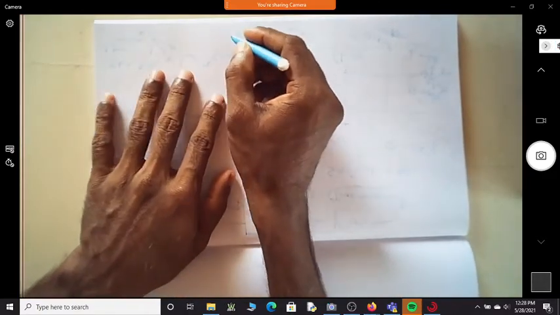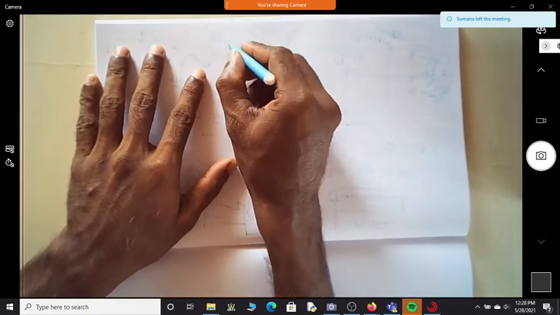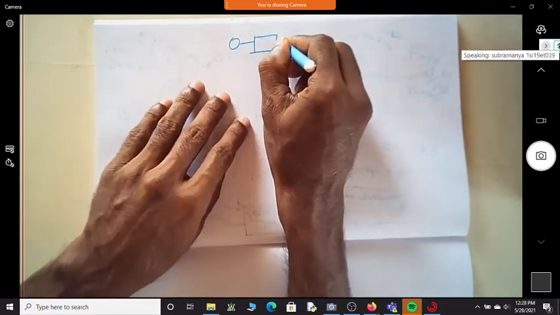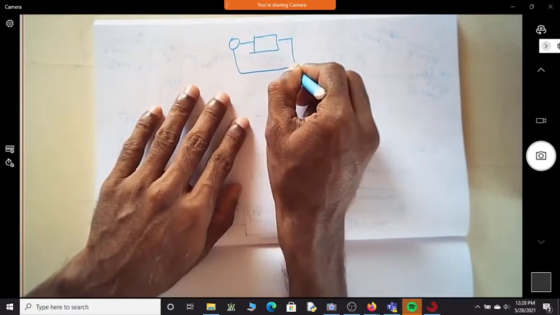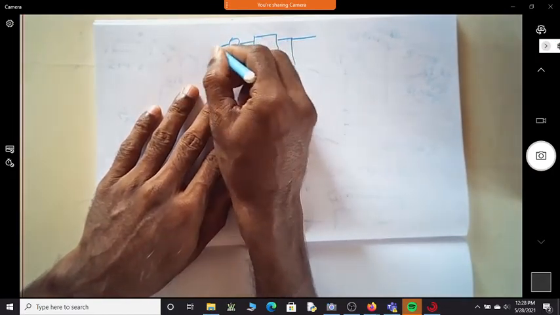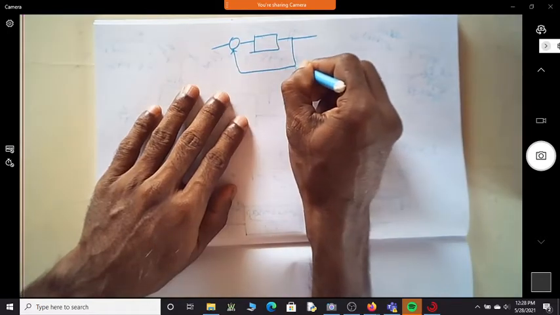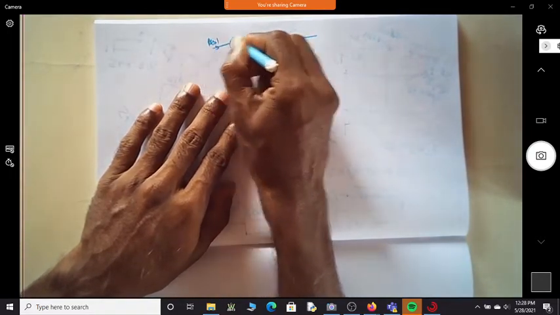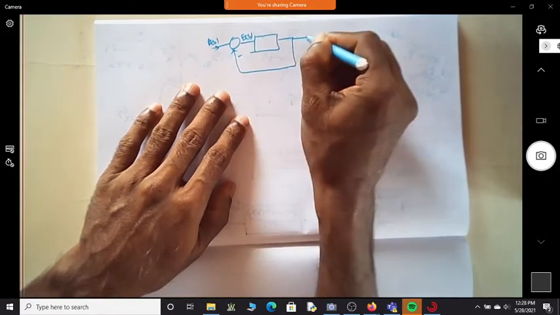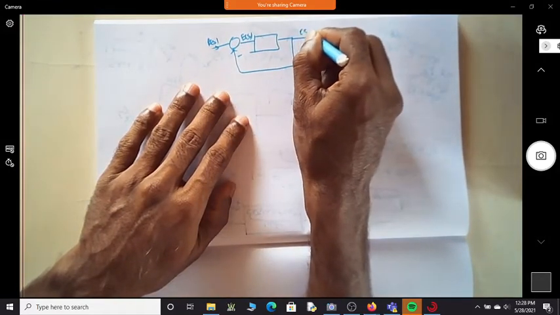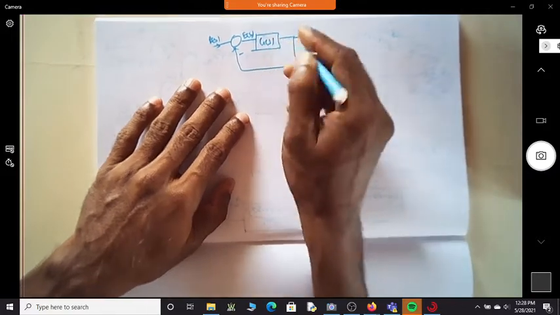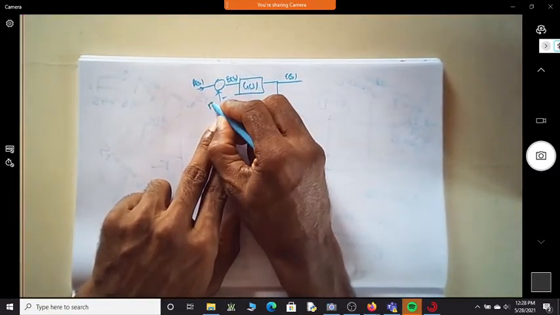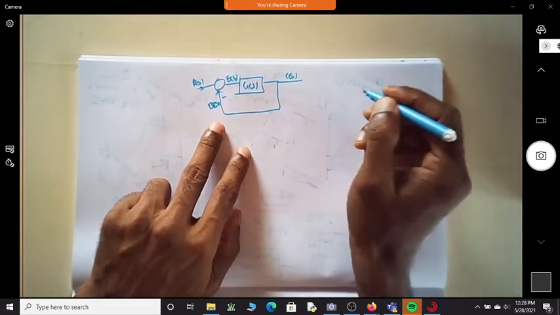Okay, now we will consider a system having unity feedback. Unity feedback means the entire output is fed back. So this is my R(s), this is my E(s), the error signal, and this is C(s). E(s) happens to be the error between the feedback signal and the input signal.